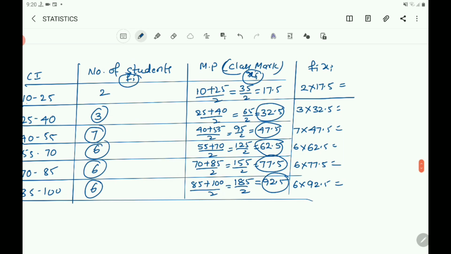So write the product. 2 into 17.5 is 35.0, and 3 into 32.5: 3 into 5 is 15, 3 into 2 is 6 plus 1 is 7, 3 into 3 is 9, so you are going to get 97.5.